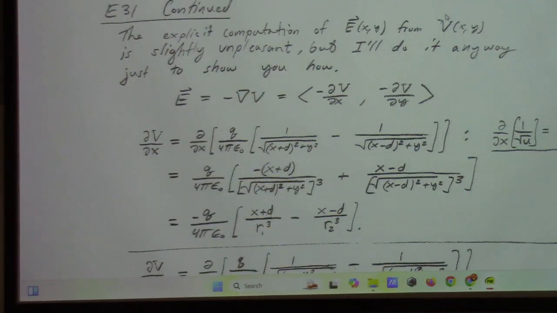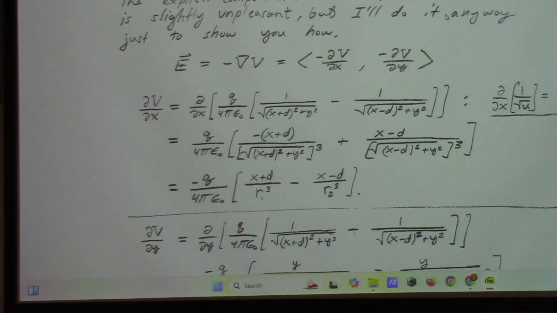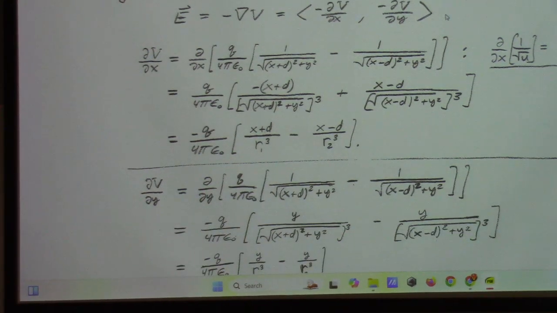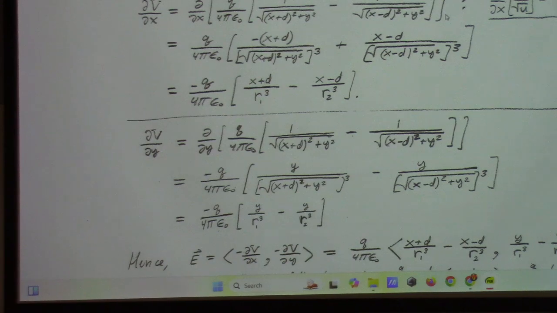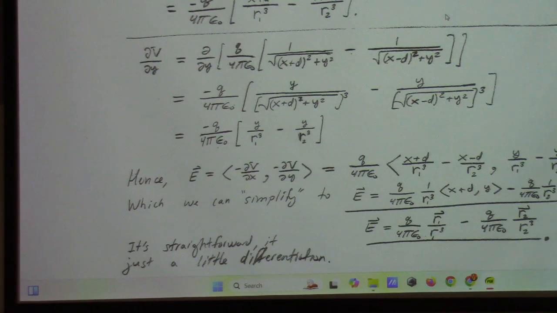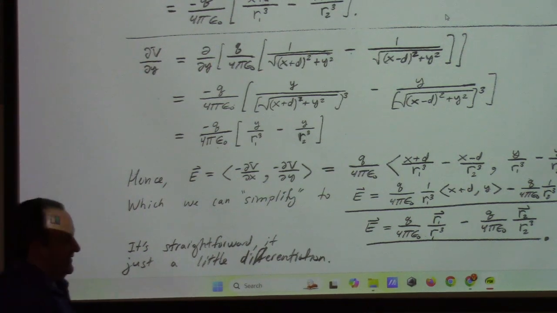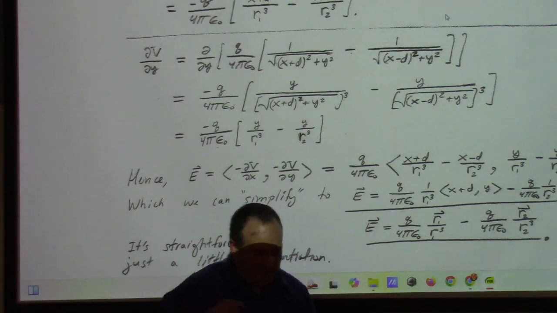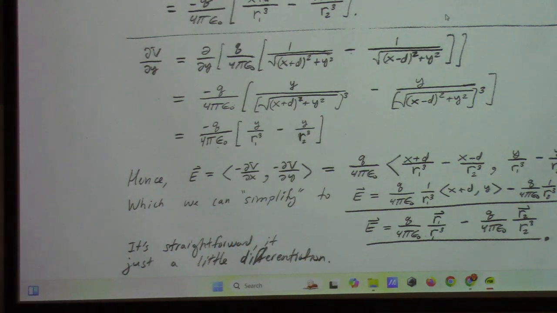Here's the gradient of that voltage function. After some suffering, you get to this and that, put it all together, and lo and behold, we're right back to what I wrote down by adding electric fields, just like I advertised. So I think that's comforting. It all works together, right?